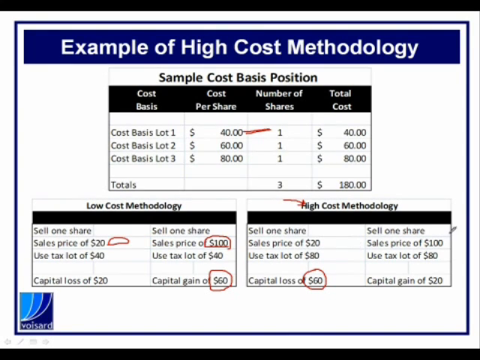Alternatively, if the value goes up and we have a sales price of 100, well, what we have is we only have a capital gain of $20. So given the choice of selling 100, would you rather pay 60 or would you rather pay 20? I think ultimately people are going to want to pay the $20 in capital gains.